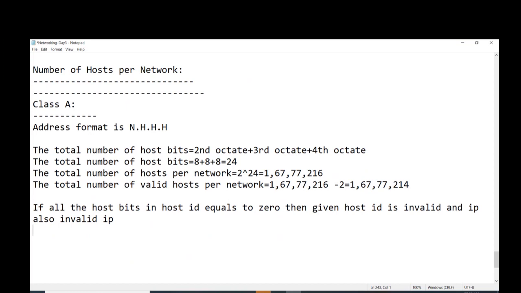Host bits here means all 8 bits 0, all 8 bits 0, all 8 bits 0, because this is our host ID. Yes or no?